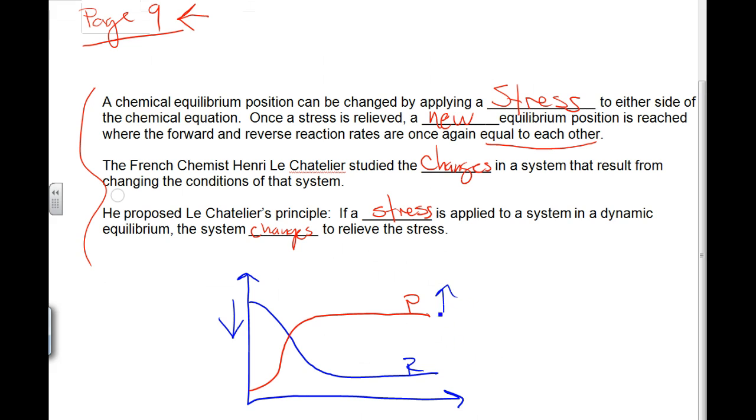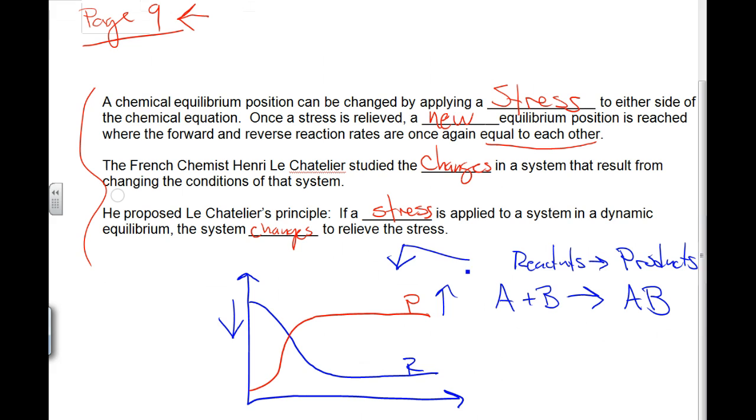Okay, what we're saying, let's say that we have A plus B going to AB. All right, so these are my reactants, and I'm going to products. All right, now if this graph were showing this over time, the reactants would represent A and B, and the products would represent just AB.